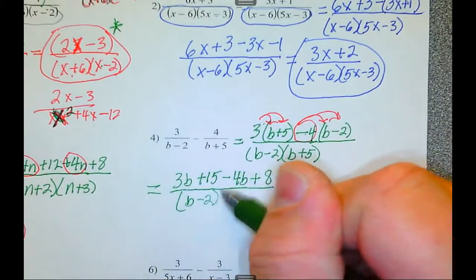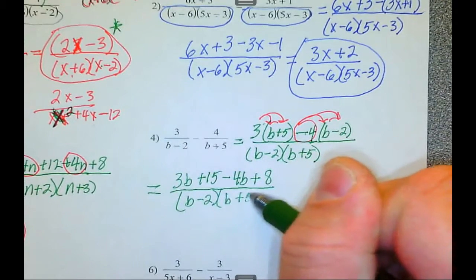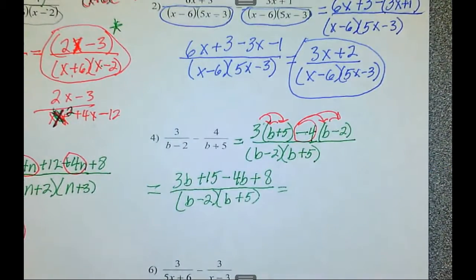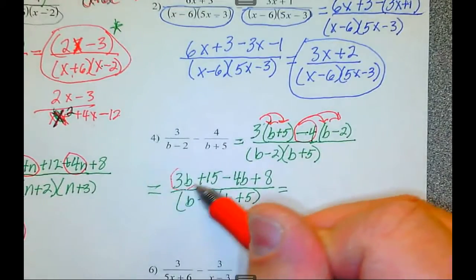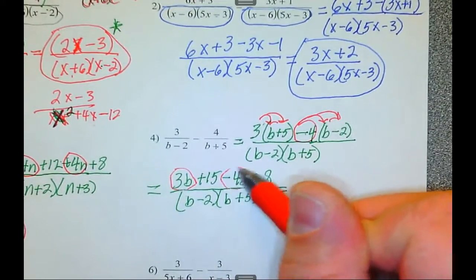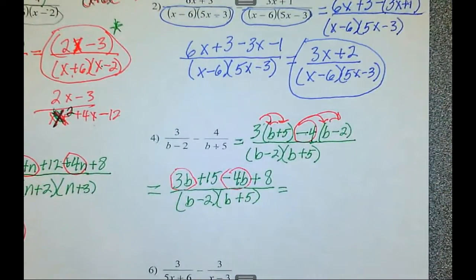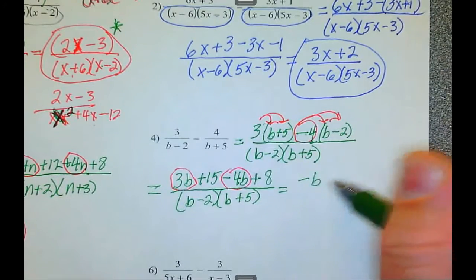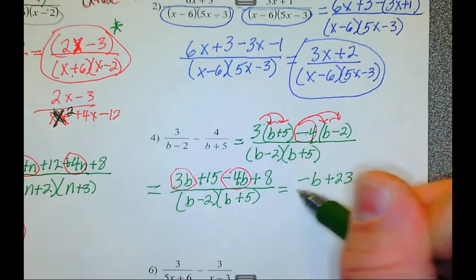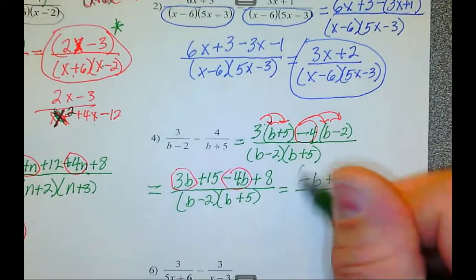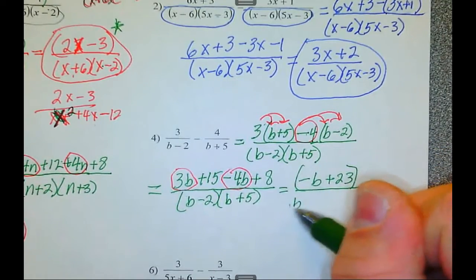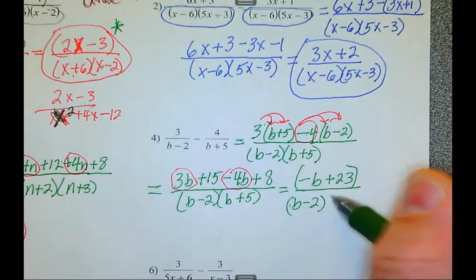All over b minus 2, b plus 5. Combine like terms. 3b minus 4b, negative b, plus 23, all over b minus 2, b plus 5.